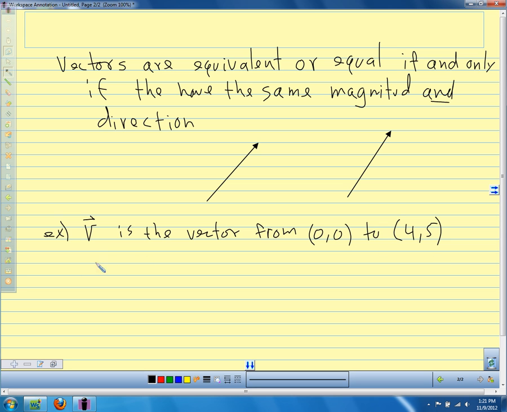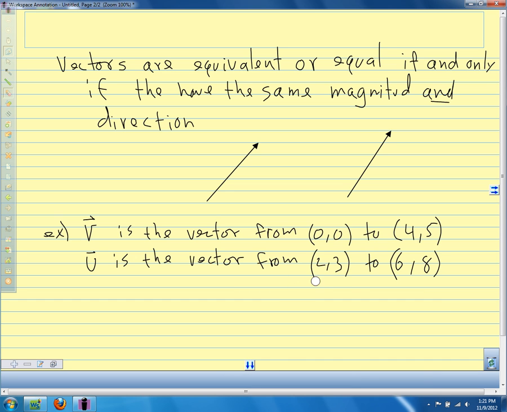And u is a vector from 2, 3 to the point 6, 8. We want to show that these two vectors are equal.